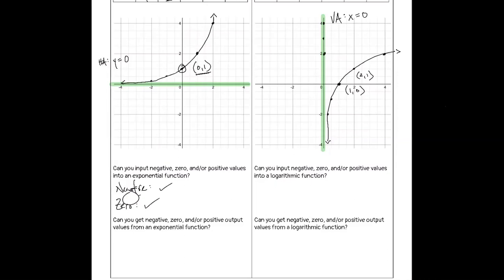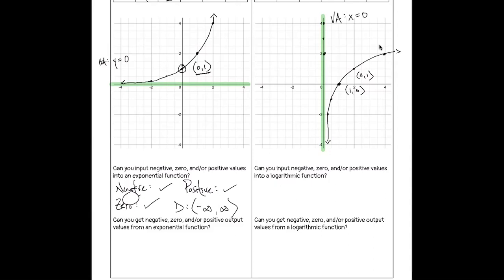Yes. And can we put positive numbers into exponential functions? And that one is a yes. So because you can put all types of numbers into an exponential function, that's why our domain was from negative infinity to positive infinity, because there was no limitation to the kinds of numbers that you could put in, all right?